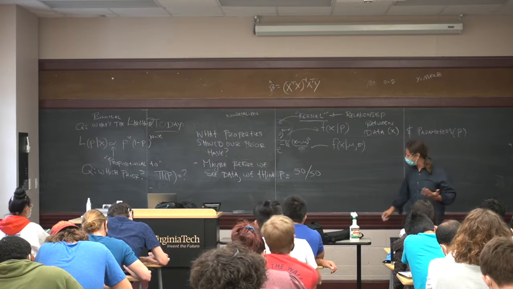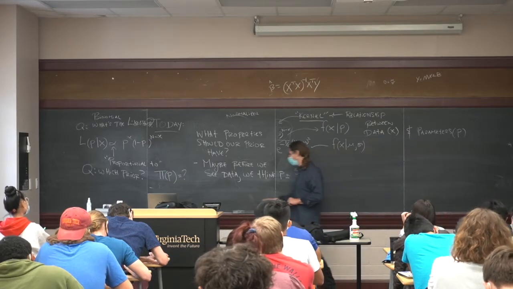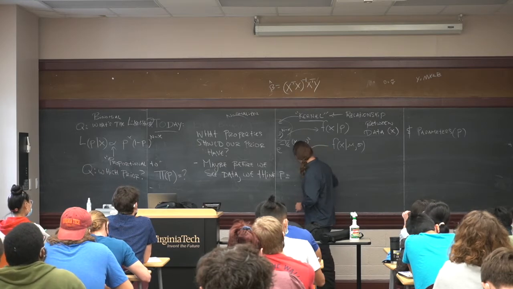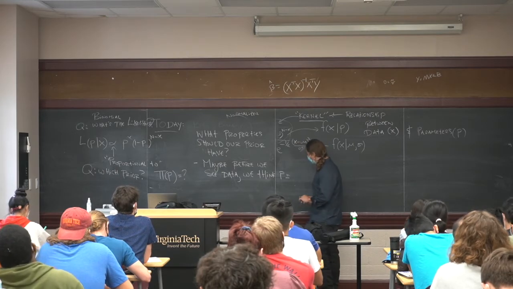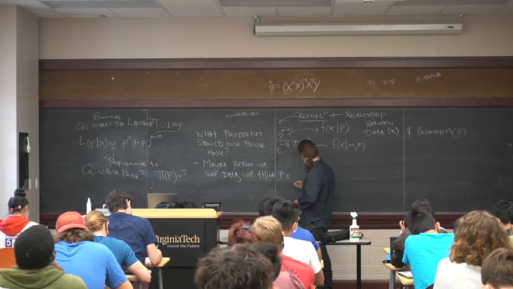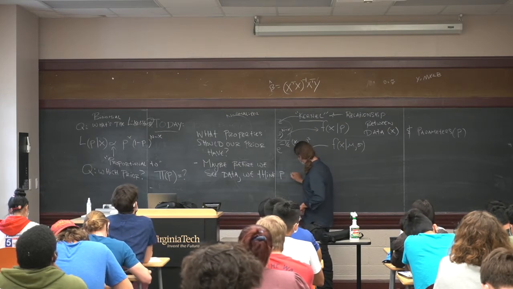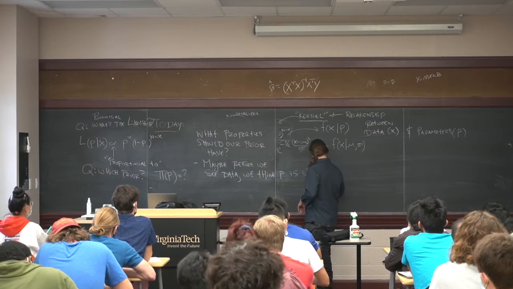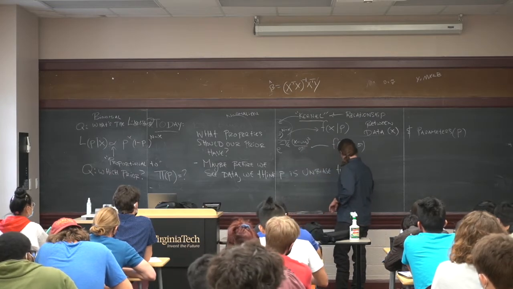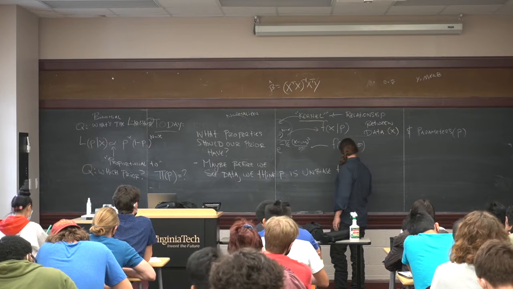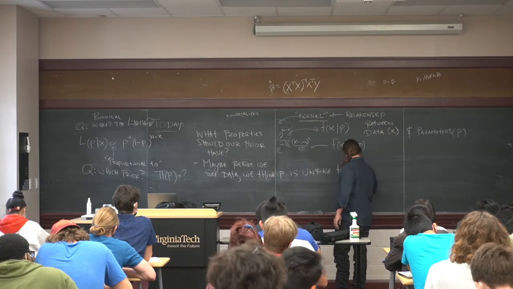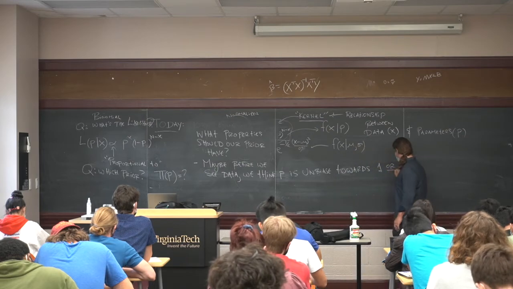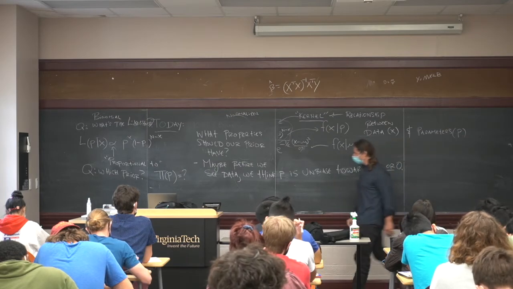So we think P is 0.5. So we think the coin has a 50-50 chance of being a 1 or 0. P is unbiased towards 1 or 0, i.e. it's 50-50.